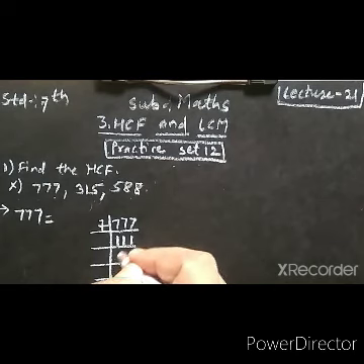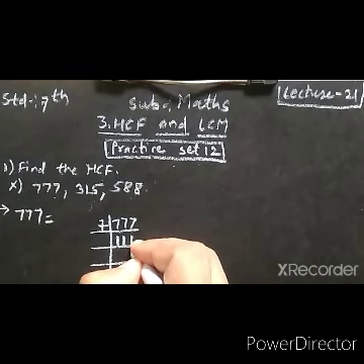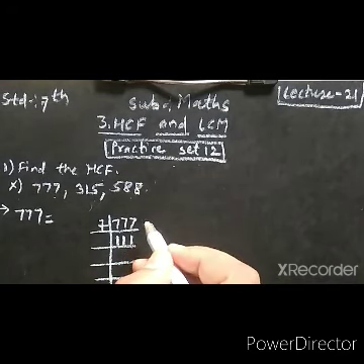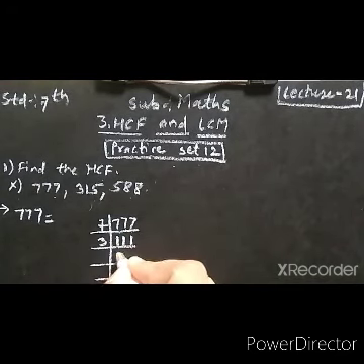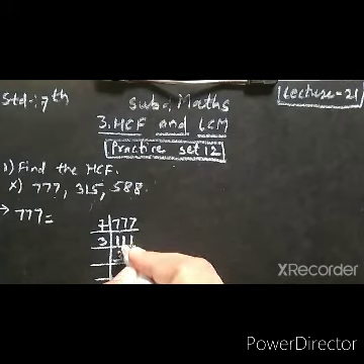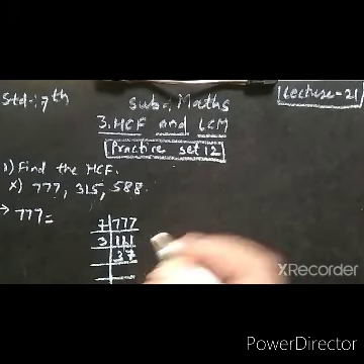Now let us check by 3. 3 3s are 9. 11 minus 9, that is 2 remain. 2 and 1, that is we got 21. And 3 7s are 21.